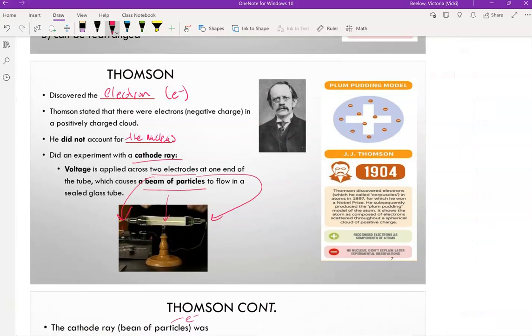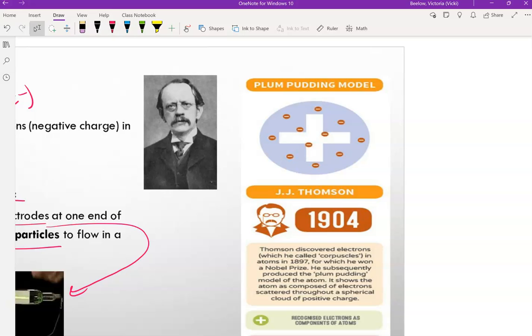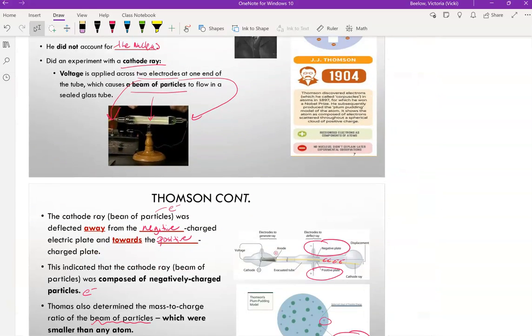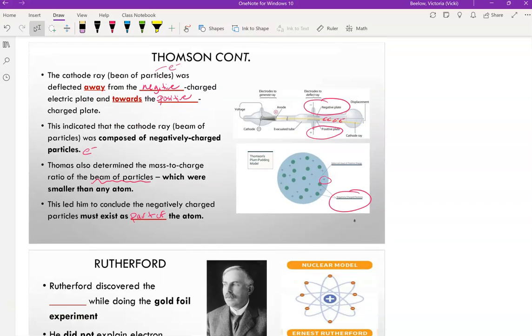And thus we have what is called the plum pudding model, because I guess that's like a dessert and it kind of looks like that, where we have these electrons that have a negative charge, but they're in this cloud that's positively charged because overall atoms have to be neutral. But they contain smaller particles, the electrons, that have a negative charge. So we're getting there. We're making progress.